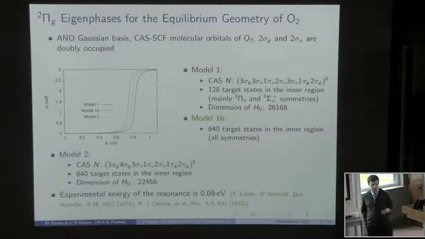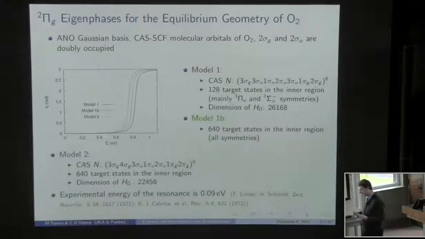In the close coupling expansion in the inner region, 128 target states were included. The vast majority of these target states were in triplet pi U and triplet sigma U minus symmetries that contribute to the ground state polarizability.